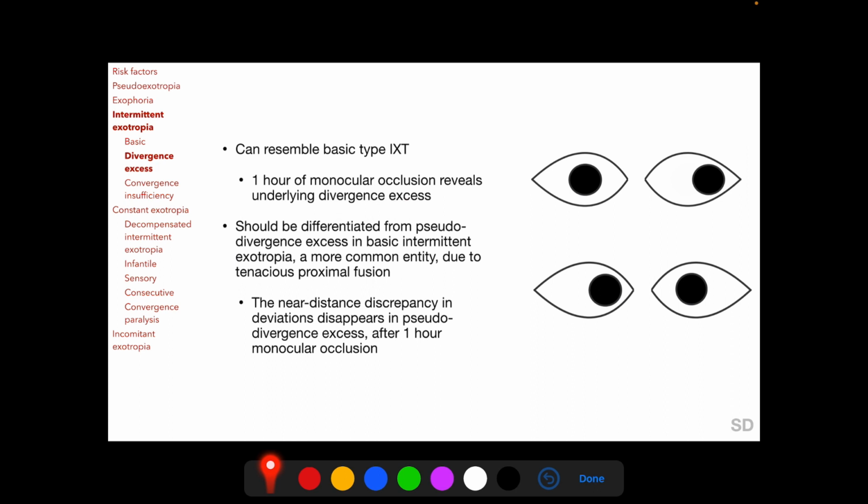The opposite can also happen: in basic intermittent exotropia, due to a tenacious proximal fusion, the exodeviation at near fixation may appear to be less than in the distance, and this is called pseudo-divergence excess in basic intermittent exotropia.